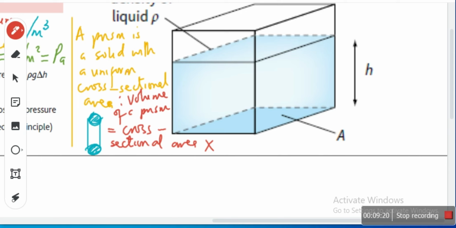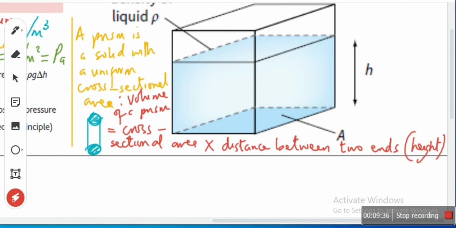You can call that height. It doesn't have to be a vertical height. Between two ends, if you like. You can call that height. This is what I'm saying.